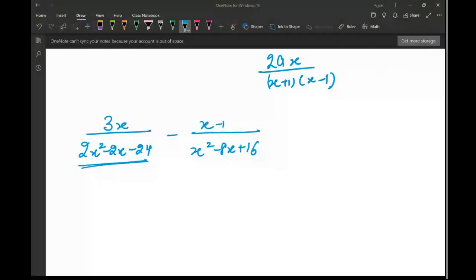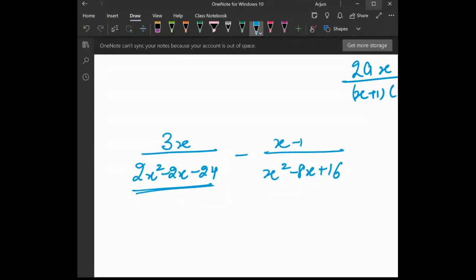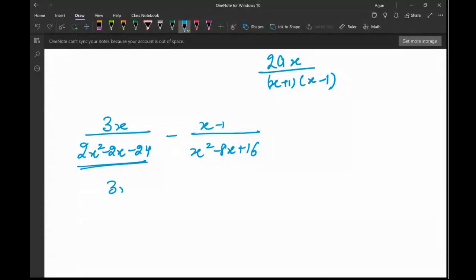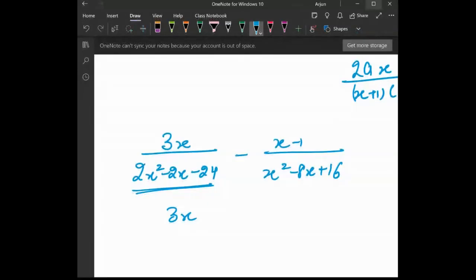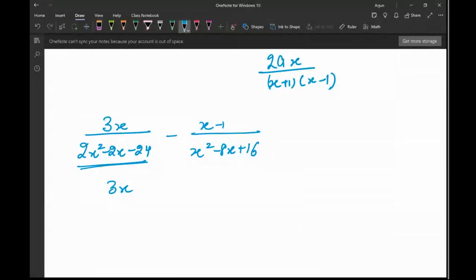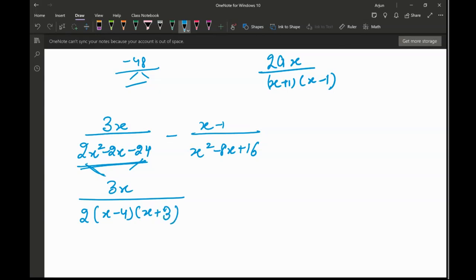If you do the math, I will encourage you guys to do the factoring by yourself. 2 times 24 is negative 48, and find the factors of negative 48. I'll leave that part for you guys. The factors will come out to be 2, x minus 4, and x plus 3. These are the factors you're going to get for the given question.